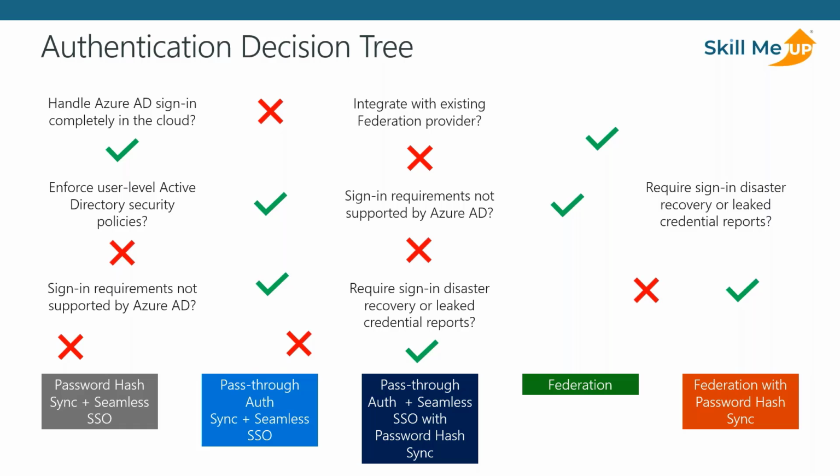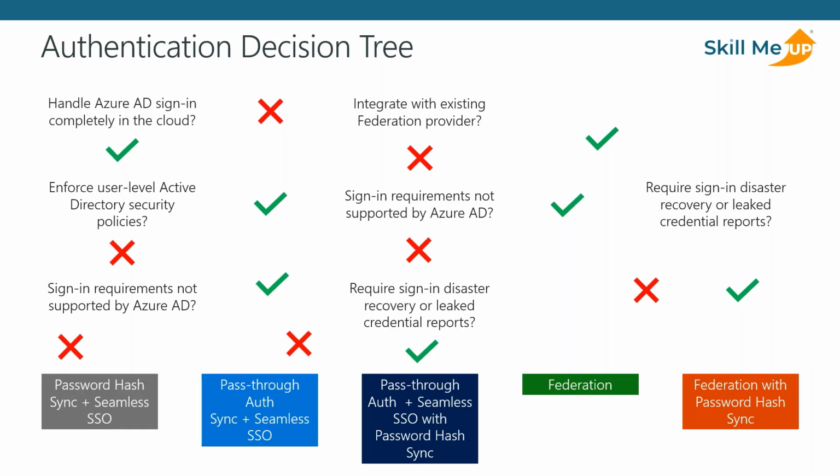We also have a second option, which is pass-through authentication and seamless SSO. What this one does is pass us from on-prem straight through for a seamless type of login. We've then got pass-through auth and seamless SSO with password hash. The difference between the two is that the first one isn't providing password hash. It's just passing through single sign-on, and you will get prompted at some point, but you can do password hash.